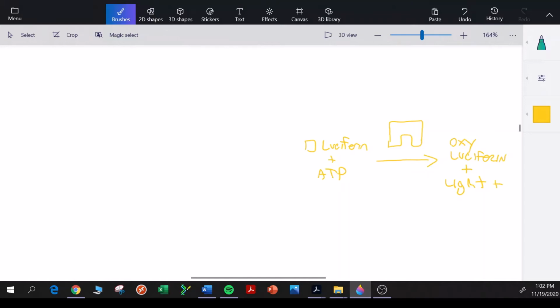So it releases a photon. Plus AMP. So it's a chemiluminescent reaction where luciferase processes luciferin into oxyluciferin and releases a photon in the process.